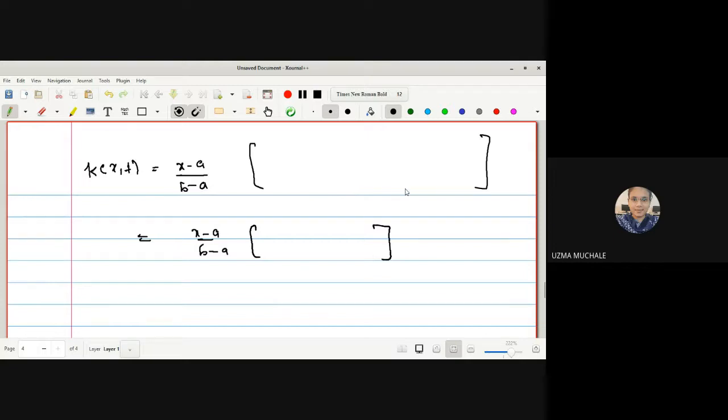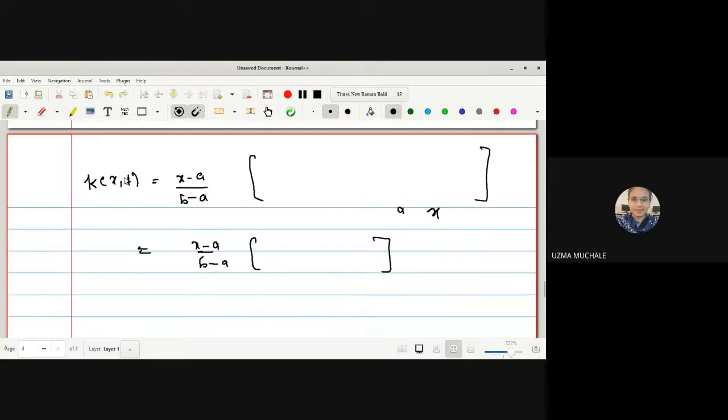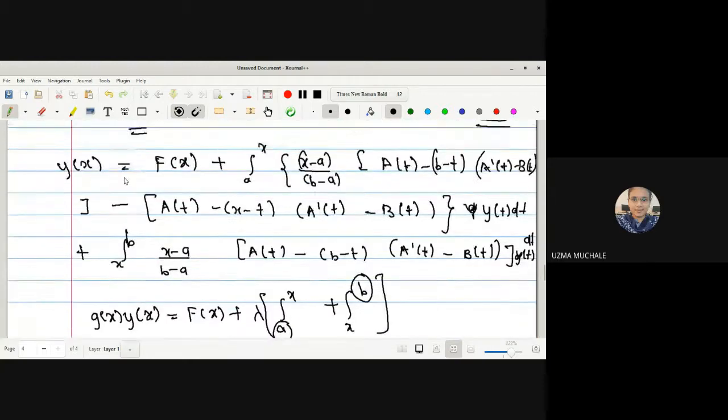Now this bracket is within the interval a to x, correct? Within the integrations, no? Whatever we are getting here, this whole curly bracket will be working as a kernel for limits of integration a to x. For the next one, this will be working as a kernel, that is, whatever the terms remaining after y of t, whatever remains will be the kernel, but within the limits x to b.